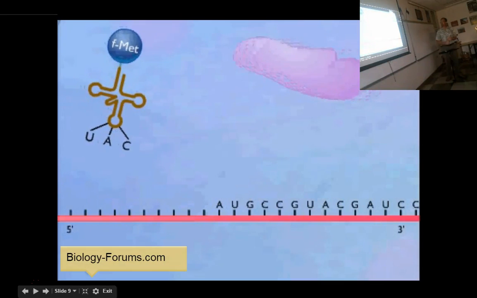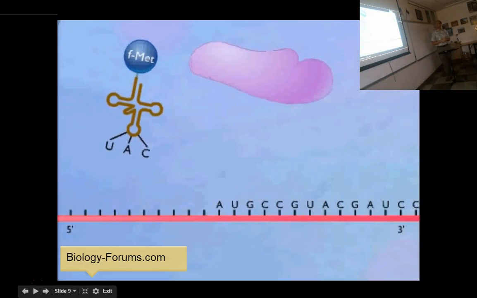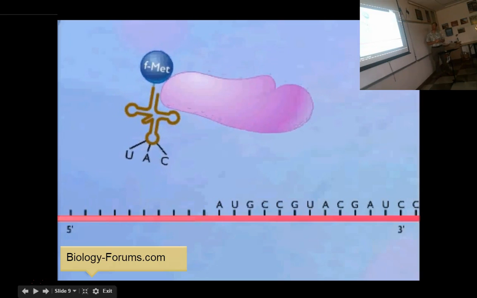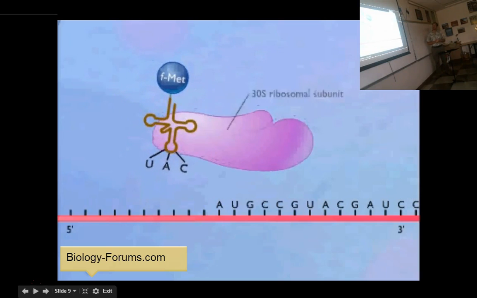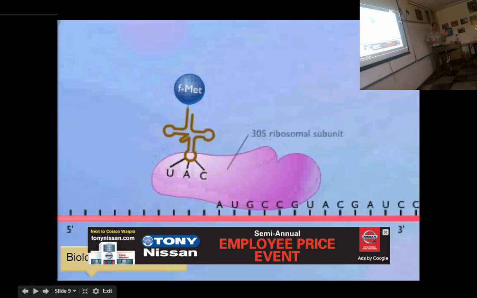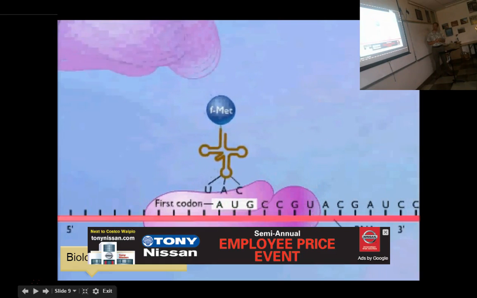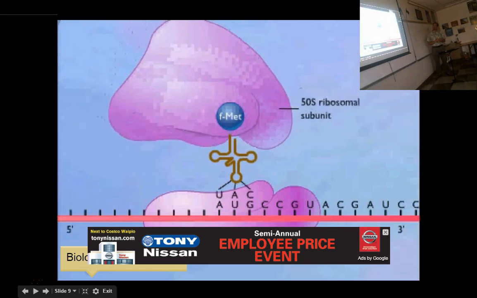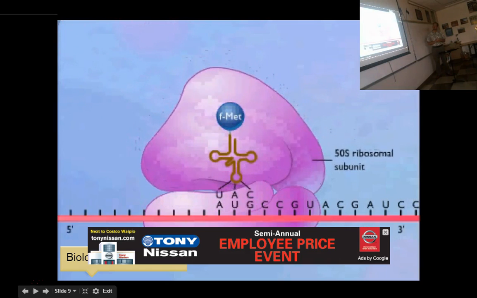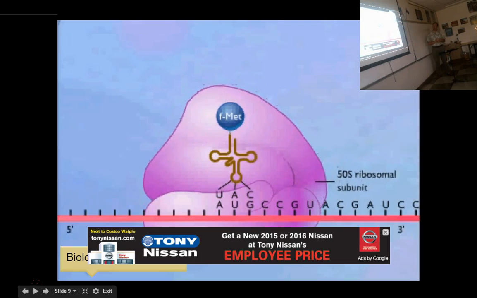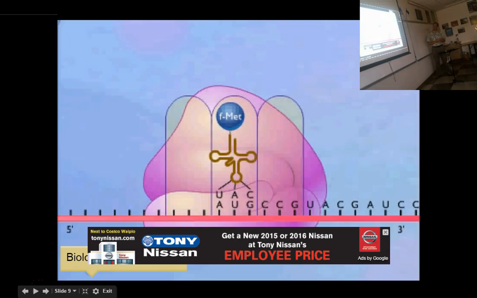In prokaryotic cells, translation is initiated by formation of an initiation complex consisting of the 30S ribosomal subunit, formylmethionine tRNA, and messenger RNA. The 50S ribosomal subunit then joins the complex. Proteins called initiation factors are also involved, but are not shown. The 70S ribosome has 2 sites to which transfer RNA-carrying amino acids can bind.